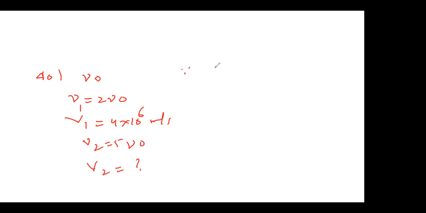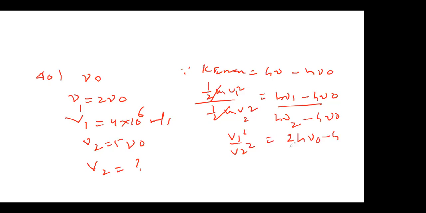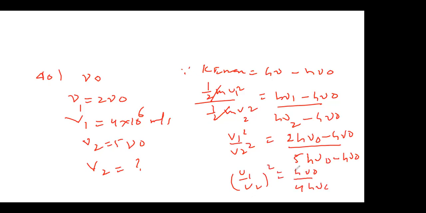Since kinetic energy maximum is h nu minus work function, which is h nu 0, half m V1 square upon half m V2 square equals h nu 1 minus h nu 0 upon h nu 2 minus h nu 0, half m cancels. So V1 upon V2 square equals 2 h nu 0 minus h nu 0 upon 5 h nu 0 minus h nu 0, which is h nu 0 upon 4 h nu 0.